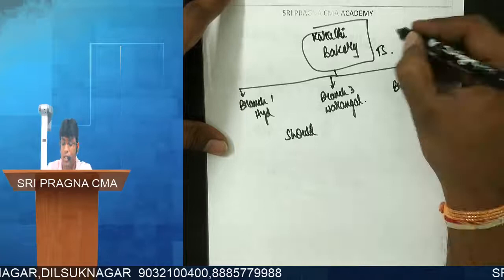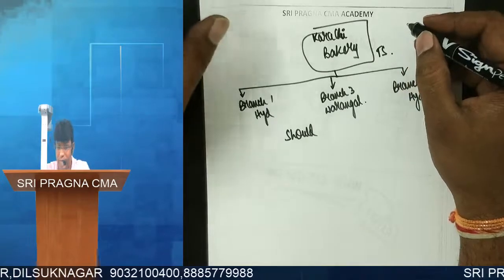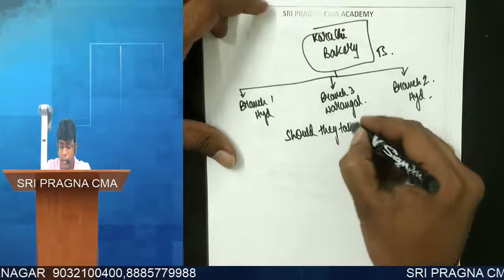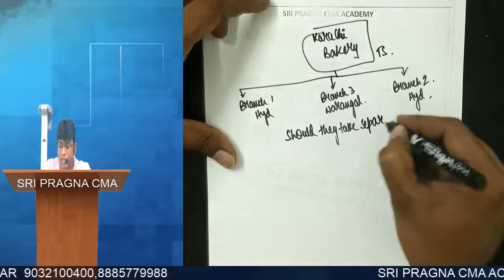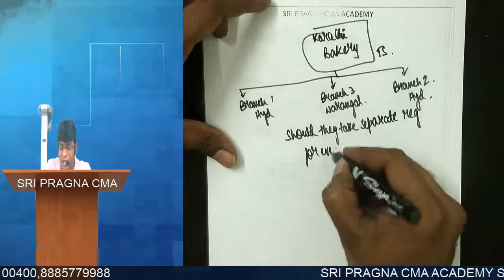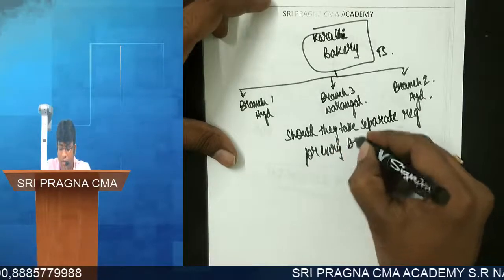Should assume limit is crossed. Assume limit is crossed, should they take separate registration for every branch?